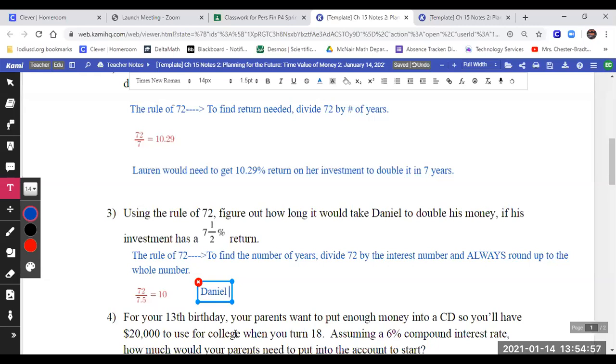So look at what's attached. What is Daniel doing with his money? What are they asking us to solve for? How long? Daniel will need how long?